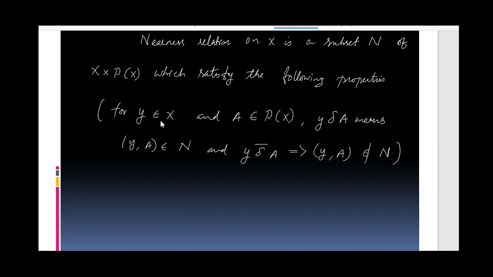For y belongs to X and A belongs to P of X, Y delta A means that this pair belongs to N, and Y delta bar A means this pair does not belong to N.